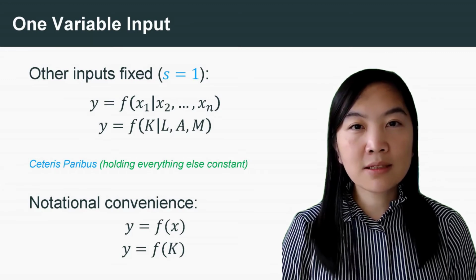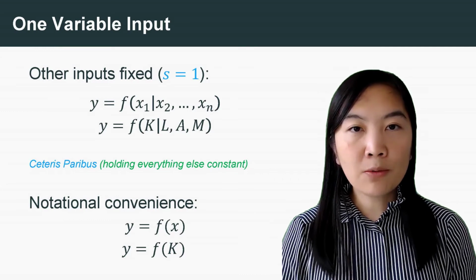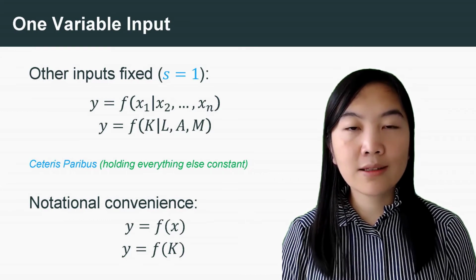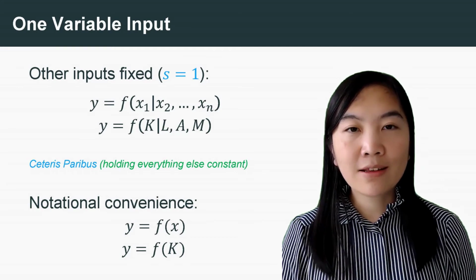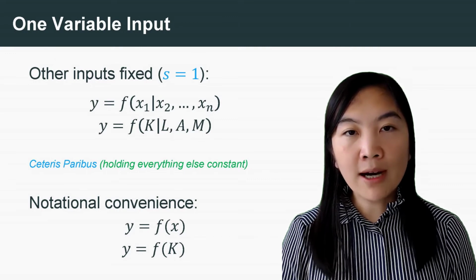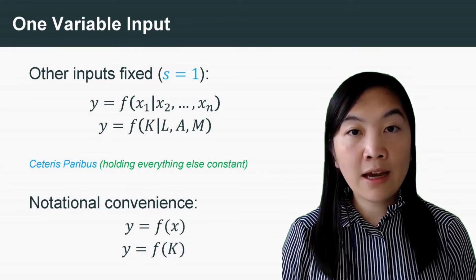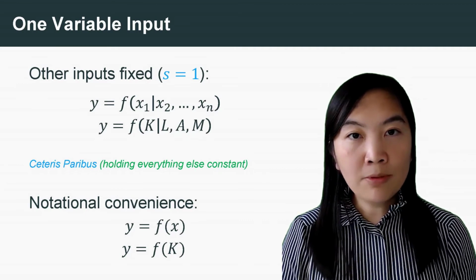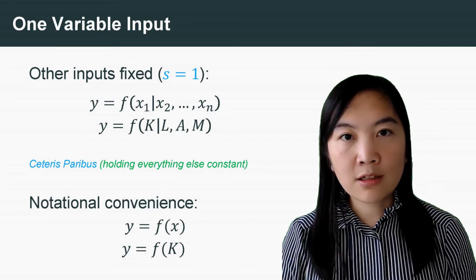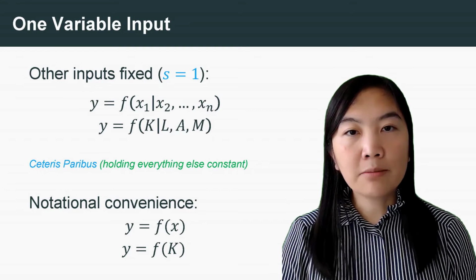That's probably still a little too abstract, so how about we change x1 to k, where k is capital. Then the short run production function will be y equals f of k conditional on land, labor, and management. Output is a function of capital, which is variable, conditional on other fixed inputs, including land, labor, and management.